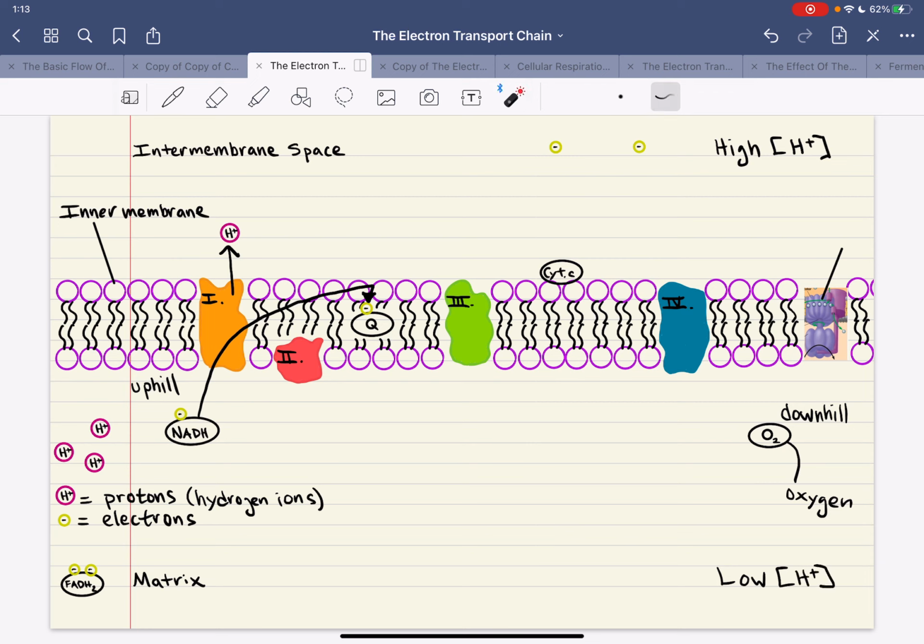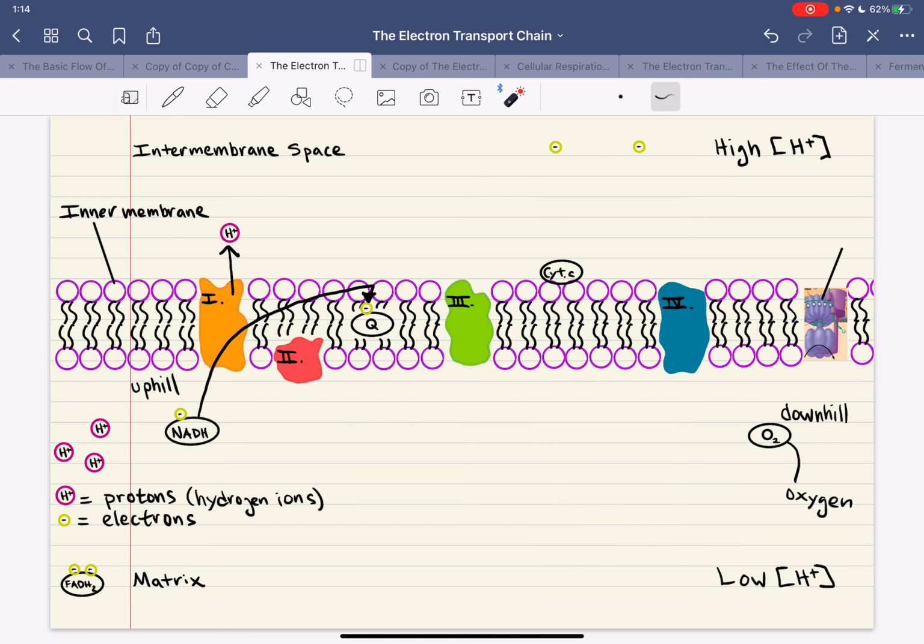So there are a lot more protons up here than down here. And what I just told you is that this protein complex just pushed and pumped a proton in this direction. Now think back to membranes. Does it want to go that way? Do things like to move from low to high?